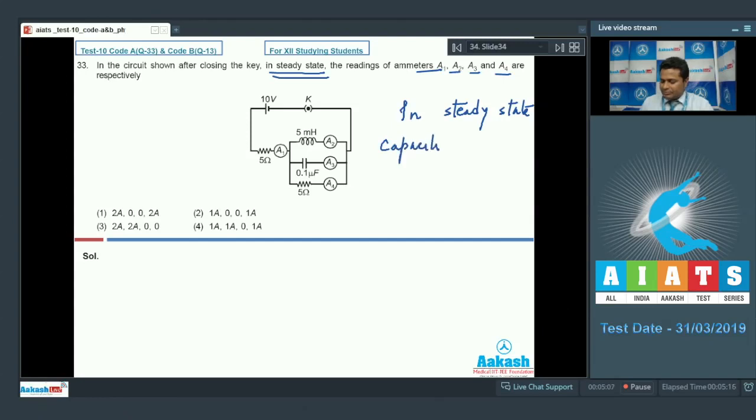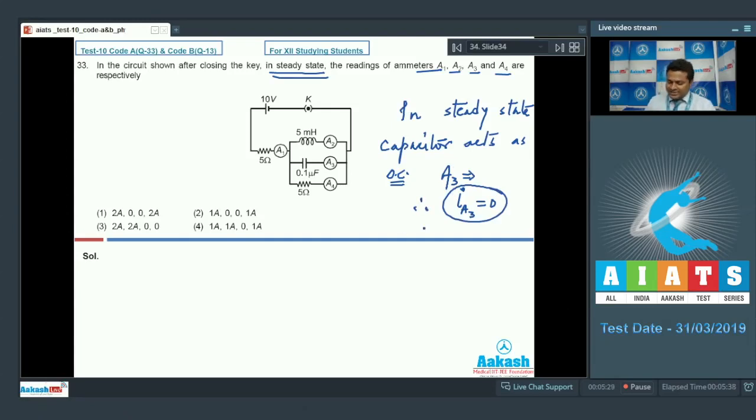So in steady state, the capacitor acts as open circuited. Therefore, the current across the capacitor will be 0, which gives the reading of A3, that is I A3, as 0.